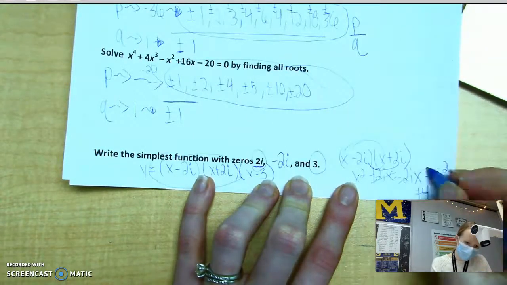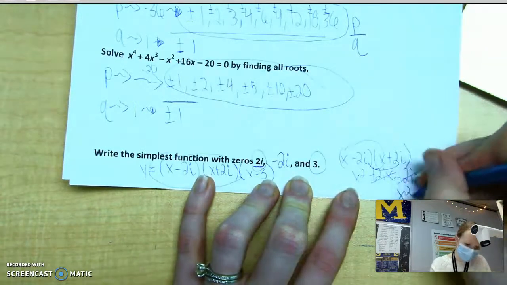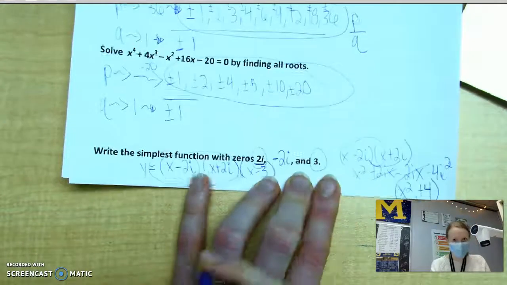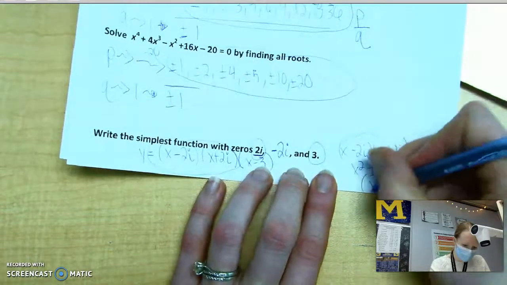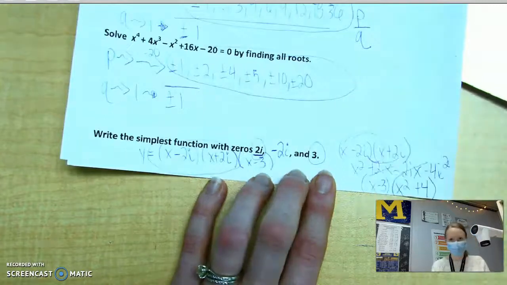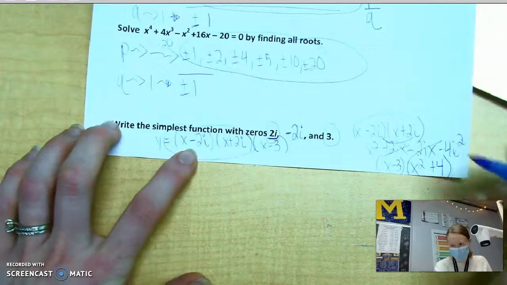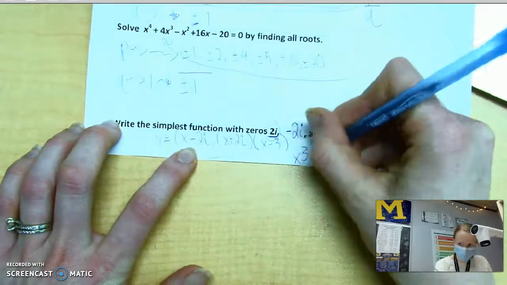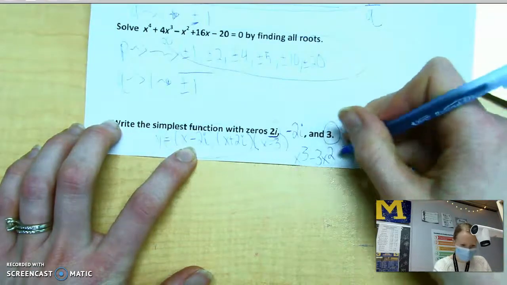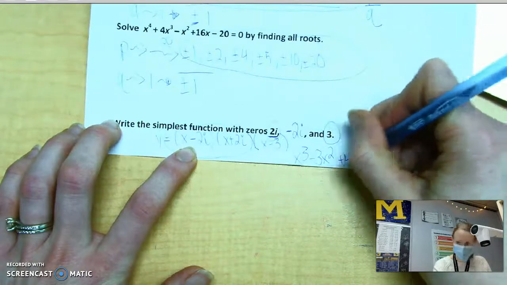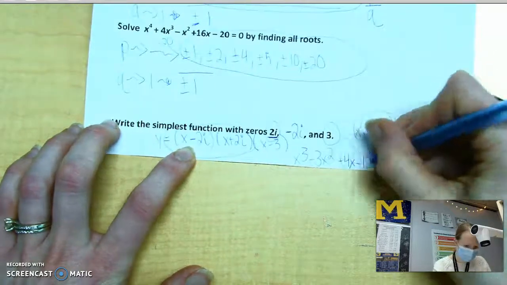Your 2ix and -2ix cancel, so you're left with x squared plus 4. And then the last step that you have to do is multiply that by x minus 3. And then when you FOIL that out, you should be getting x cubed minus 3x squared plus 4x minus 12.